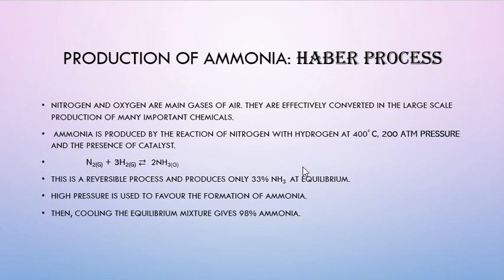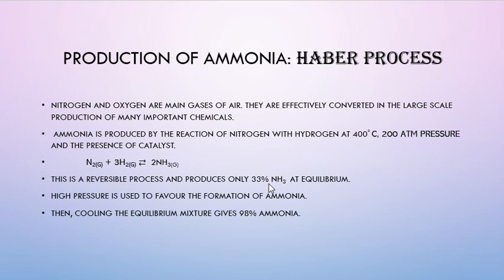This is not as good a yield for an industrial chemist when he is setting up the reaction medium. He is not making his reactants and medium and maintaining the conditions for just the production of this 33% ammonia. So what is he going to do?